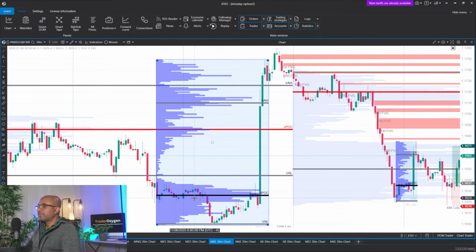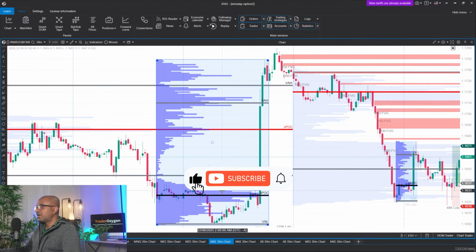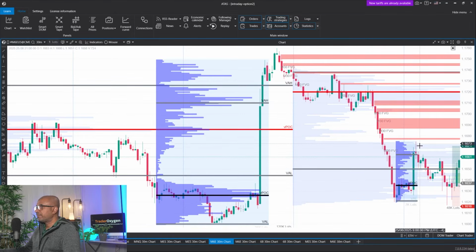There are lots of buyers, smart money and large banks, big institutes over here, so they will defend their buy entry. So when the price retraced down, there's a chance this volume point of control and this high volume cluster acted as support, and then the price pushed up.